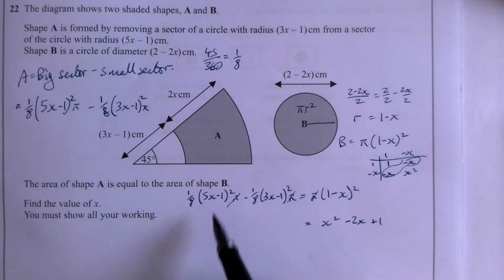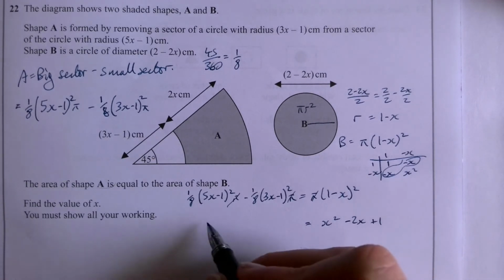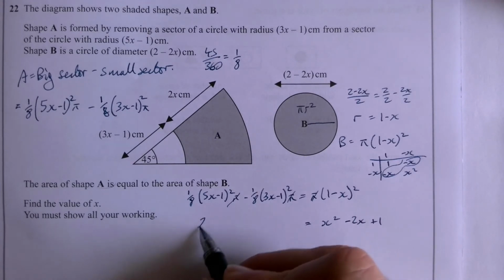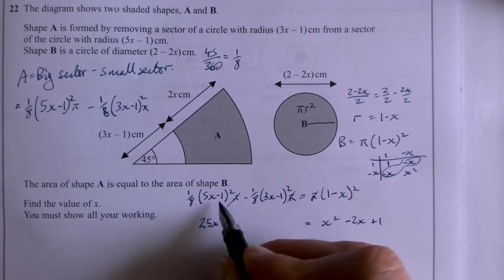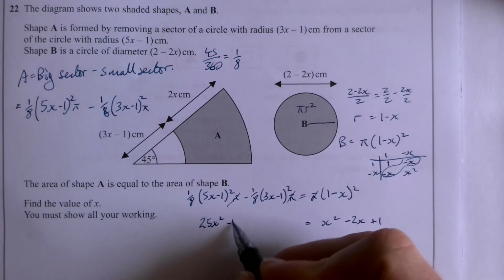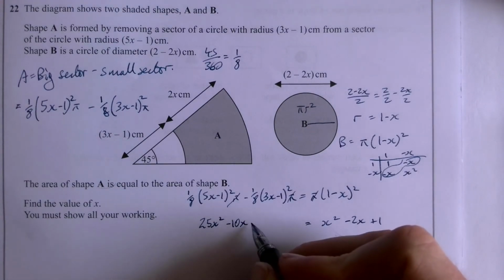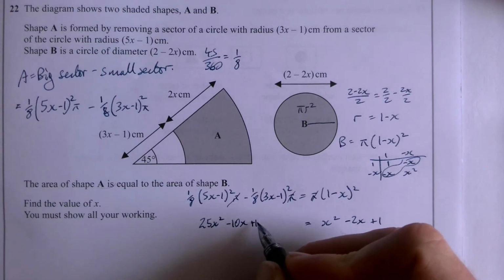We're going to get a similar effect on here. When I do 5x minus 1 times itself, that's going to end up giving me 25x squared. It's going to give me minus 5x and then minus 5x again, giving me minus 10x. Do it in a little grid if you like to make it easier, and then plus 1.